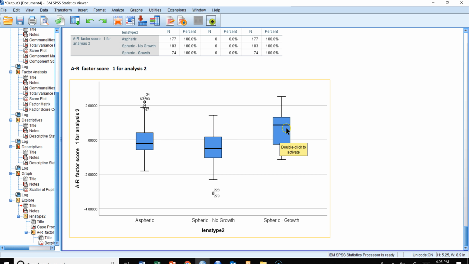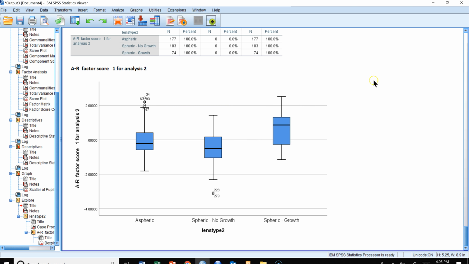That's the nature of how we matched them at baseline. But when we look at the relationship of baseline variables and spheric, that balance does not alter the fact that some of the baseline variables are related to growth, whether it's spherical or aspheric lens. We wouldn't necessarily want to put them together, but we can do that.